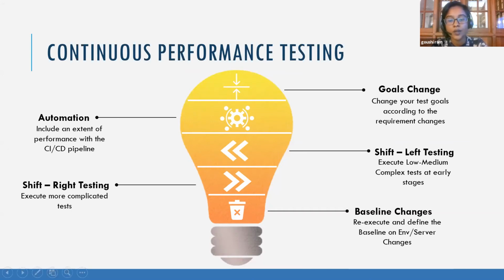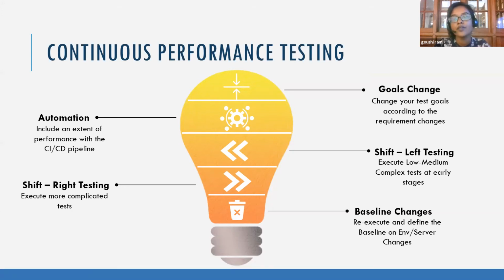So the next important thing is shift left performance testing. Shift left performance testing focuses on bringing the performance test as early as possible within the software lifecycle. So for this, we focus on individual component testing. Individual component testing can be brought earlier within a sprint, and we can execute them easily.